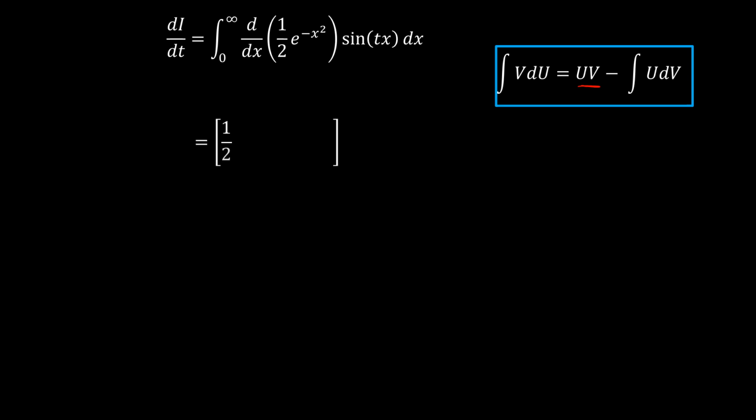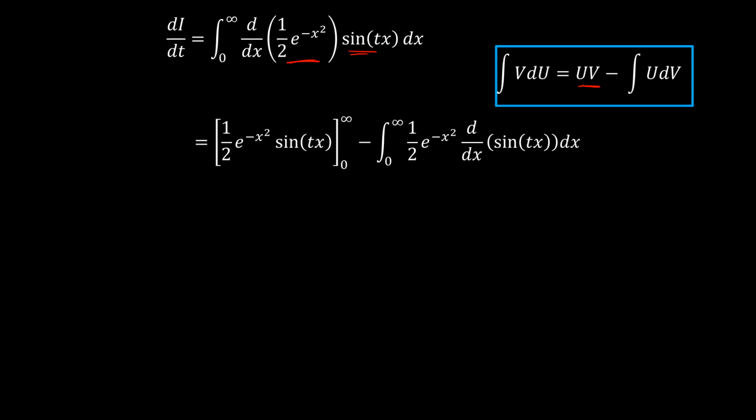So here we have this as our u and this as our v. So our uv is a half e to the negative x squared sine tx, with the limits shown here, and then minus u, which is half e to the power negative x squared times the derivative of sine tx.